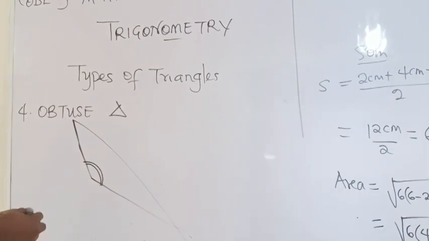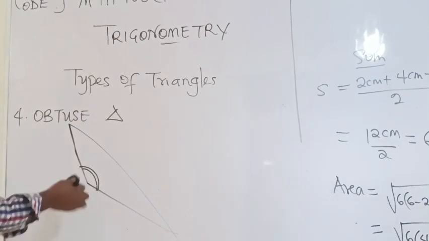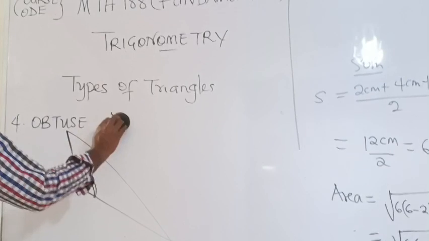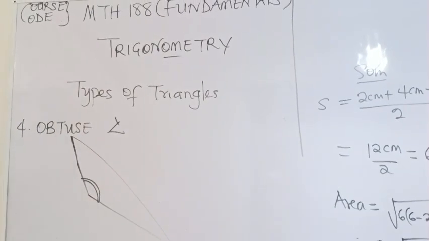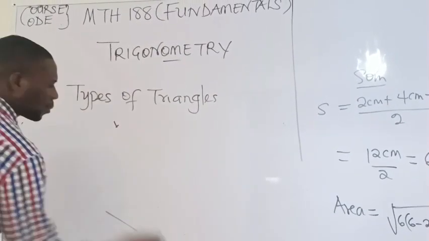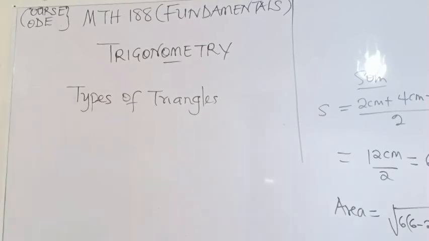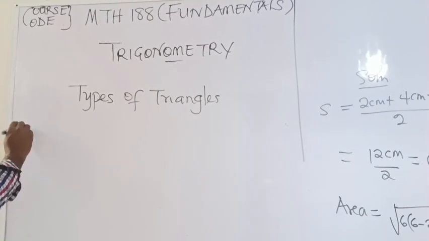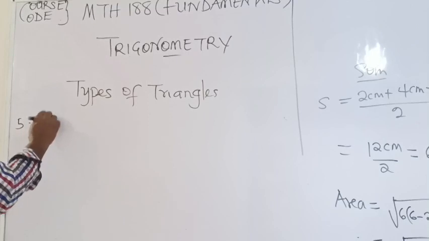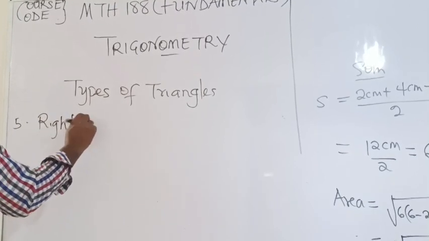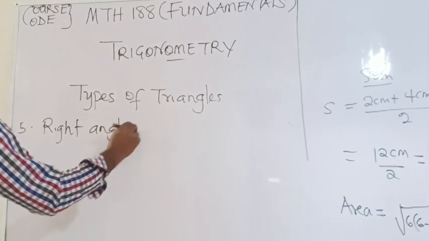All right, then lastly, we have the right angle triangle. Number 5, the right angled triangle.